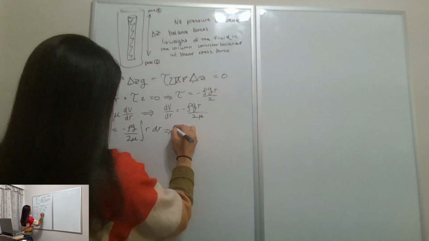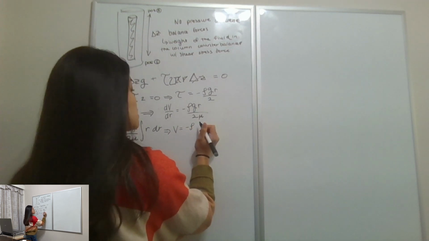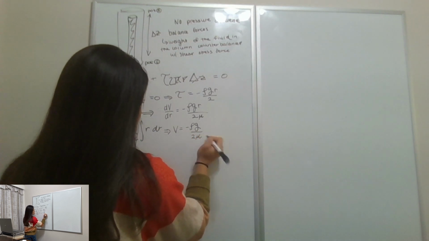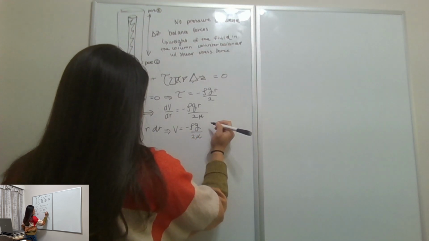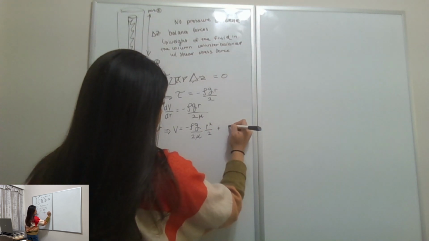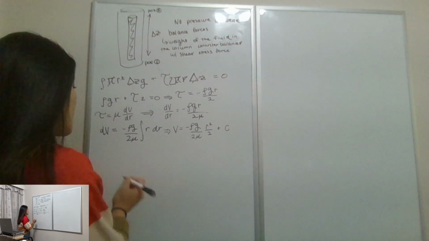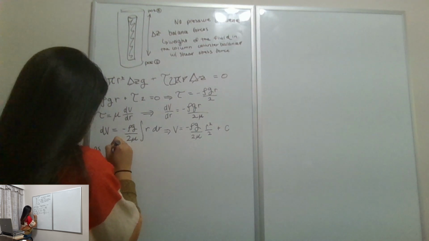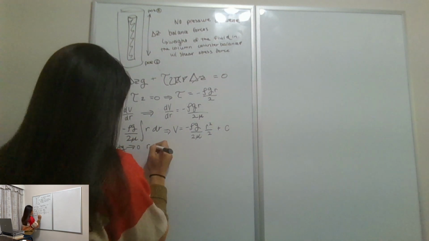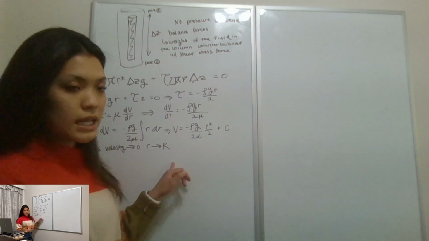And so that's going to give us the velocity is equal to negative the density times the gravitational acceleration divided by 2 times the viscosity, times the radius squared over 2 plus a constant of integration. And so we know that as the velocity approaches 0, the radius is going to approach the outer radius, which we can define as big R here.